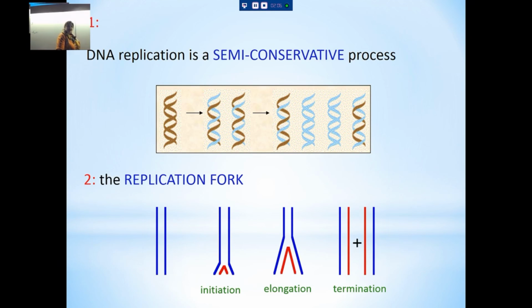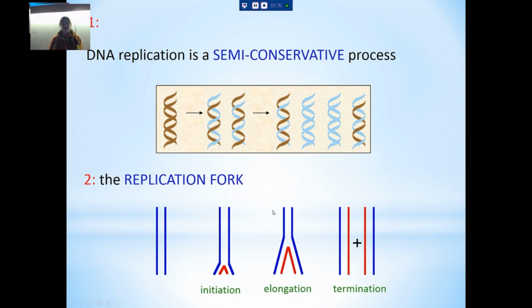DNA replication happens at something known as a replication fork. So you have two strands, and those strands open for the initiation of DNA replication, and then the polymerase moves, opening wider the DNA replication fork through the activity of an enzyme known as helicase.